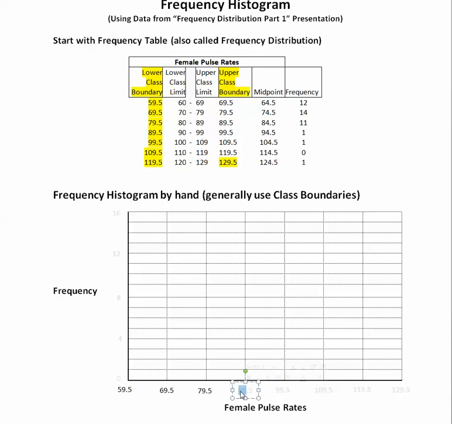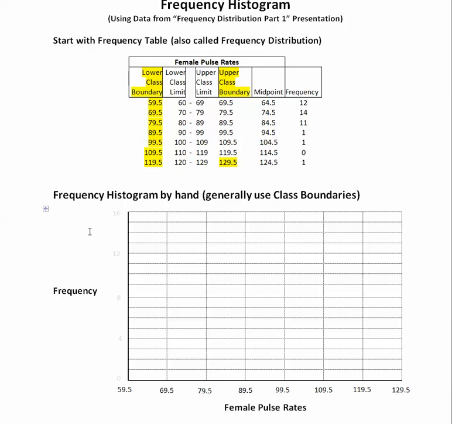And I'll just keep doing these. So there you see all of our class boundaries. And again, there are 8 numbers here, and they correspond exactly to these 8 numbers here that I have highlighted in yellow.